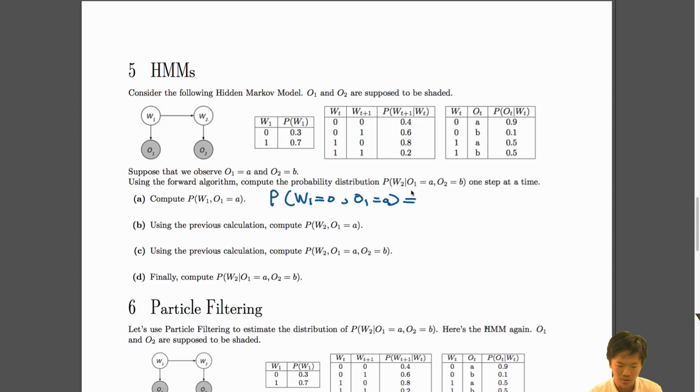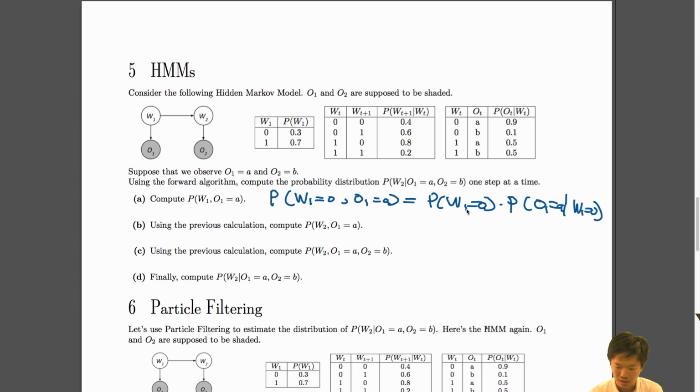So by chain rule, we know that this is equal to the probability of W1 equals 0 times the probability of O1 equals A given W1 is equal to 0.